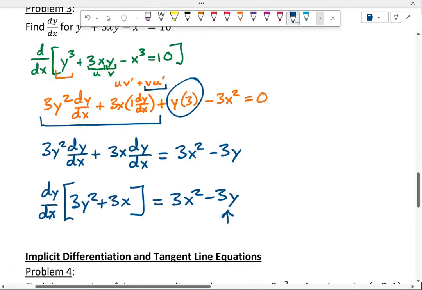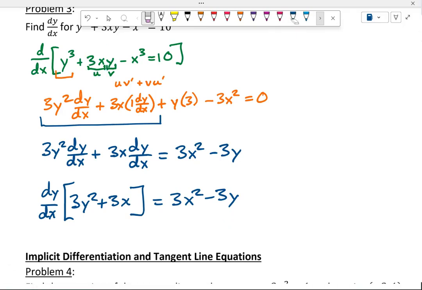That was my vu prime. Because on that vu prime, my u was 3x. I was taking the derivative of 3x, so it didn't need a dy dx. It was a dx over dx, technically. So that one doesn't have a dy dx. It needs to go to the other side. Okay? All right.